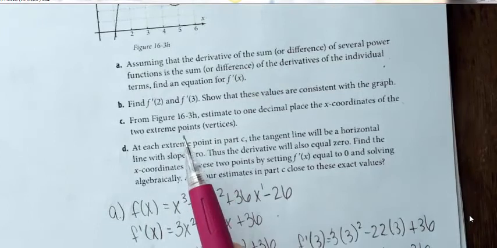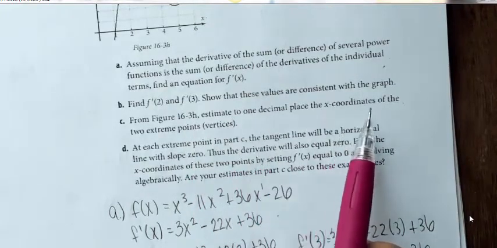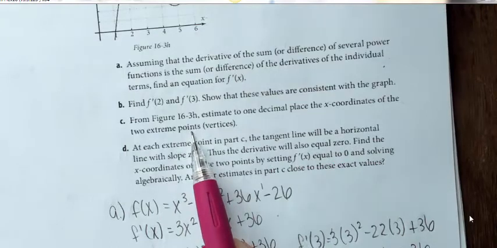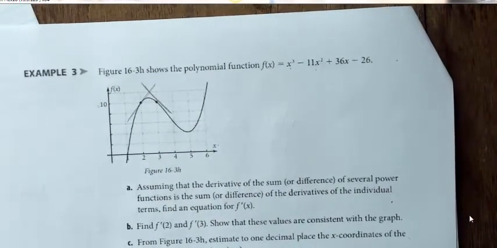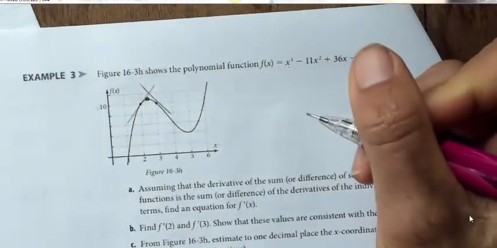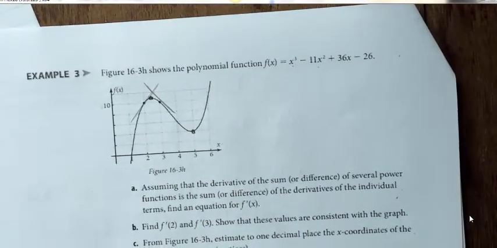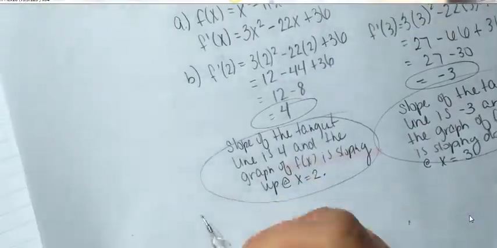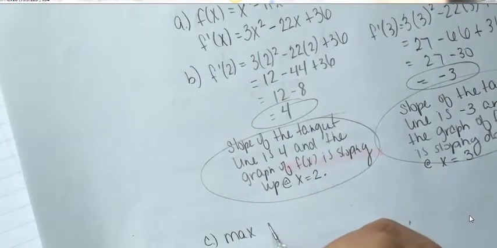C. From figure 16-3H, estimate to 1 decimal place the x-coordinates of the 2 extreme points. Okay, so let's find our 2 extreme points. It appears to me that I have a max here and a min about here. So for C, where does my maximum occur?